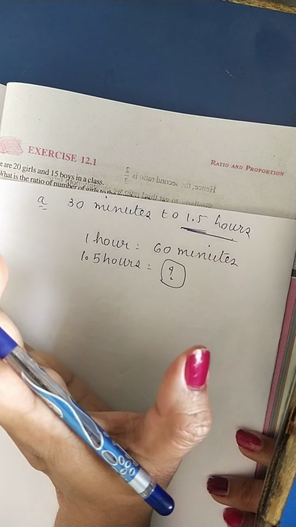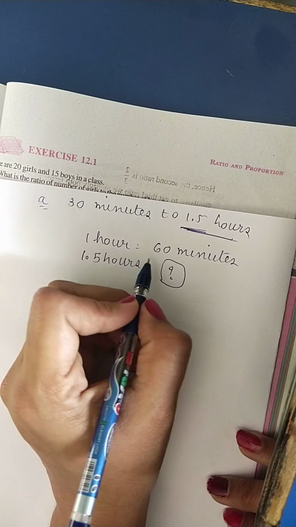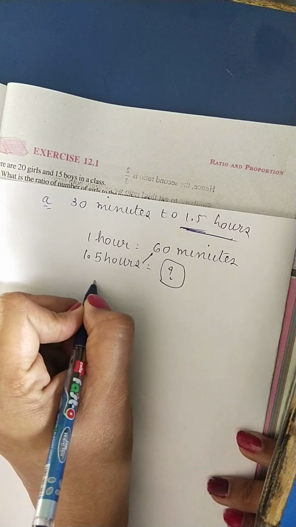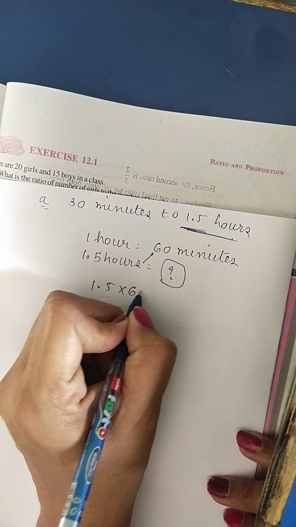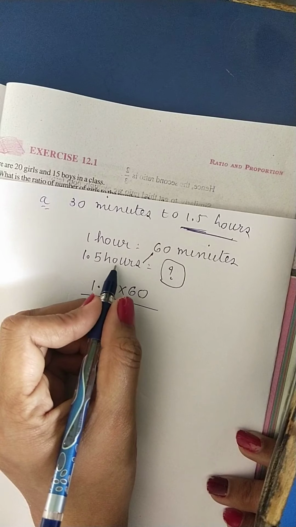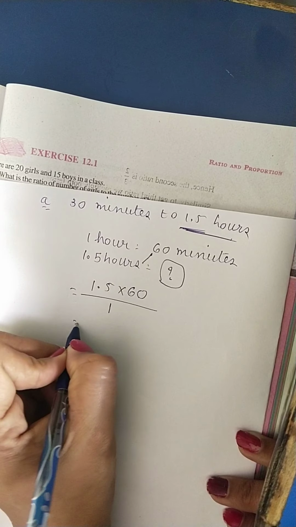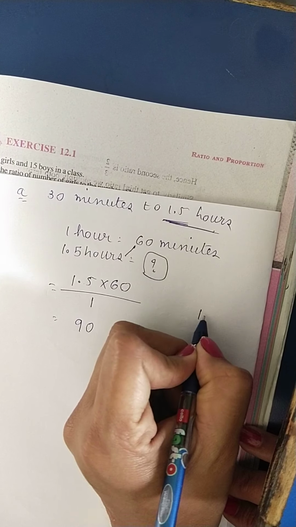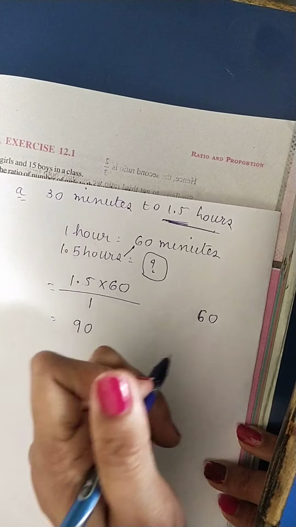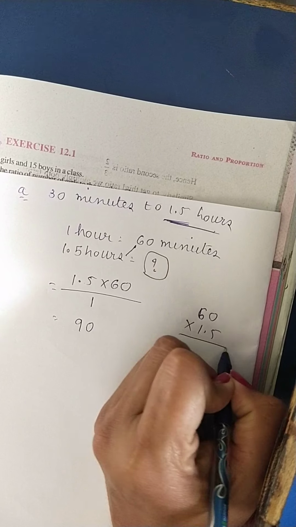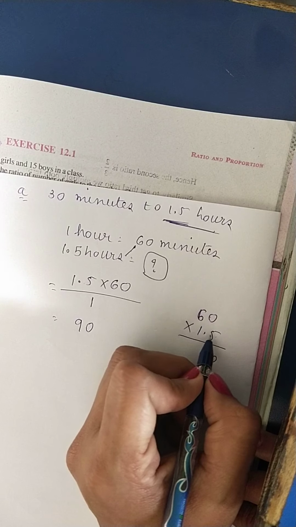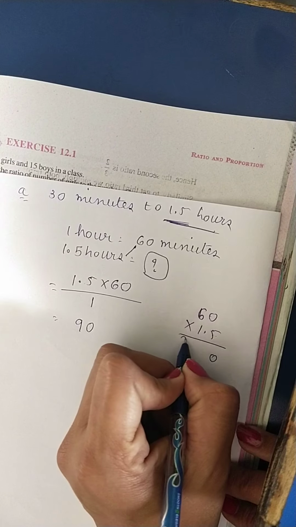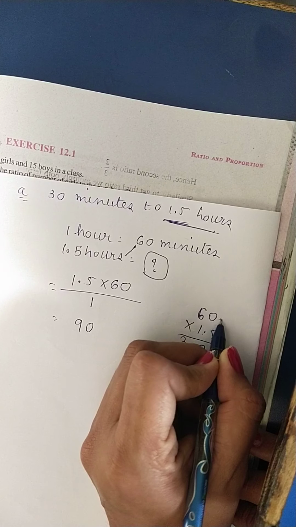This is the golden key method, we can use it anywhere. Cross multiplication, 1.5 multiplied by 60 divided by 1. It means 1.5 multiplied by 60 is 90. How? If you are not able to do it orally, 5 zeros are 0, 5 sixes are 30, 1 carried for the tens place.